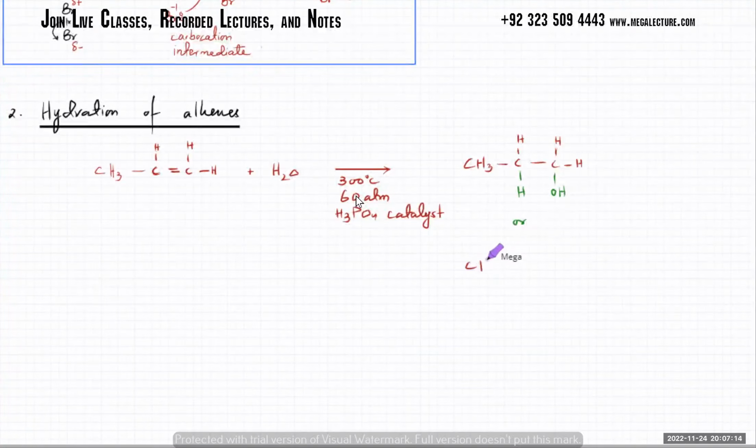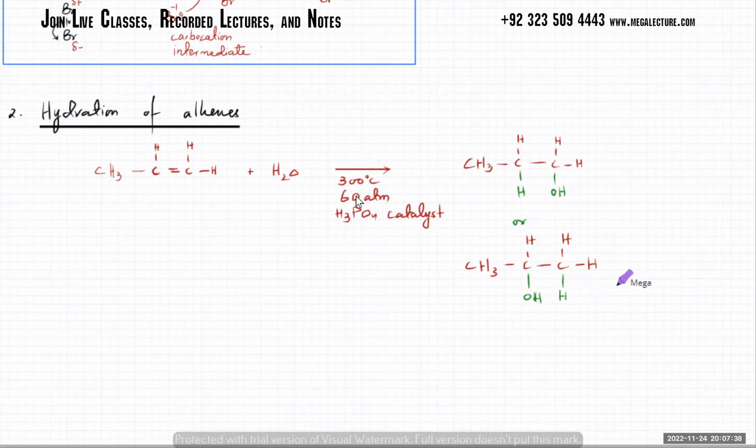So you'll have a CH3. It's going to have this double bond, and the H and OH are going to get attached to it, except for one difference, and that difference is the OH now gets attached to the carbon that's on the left, and the H gets attached to the carbon that's on the right.